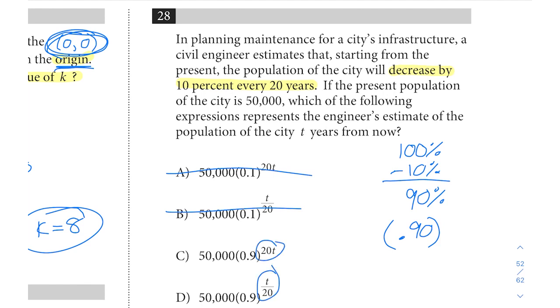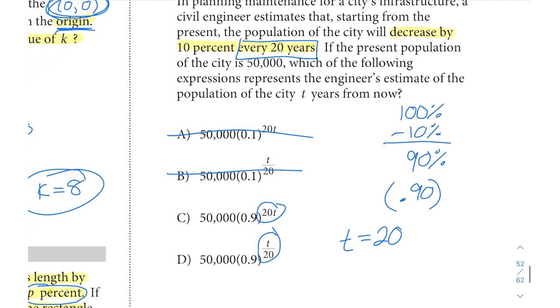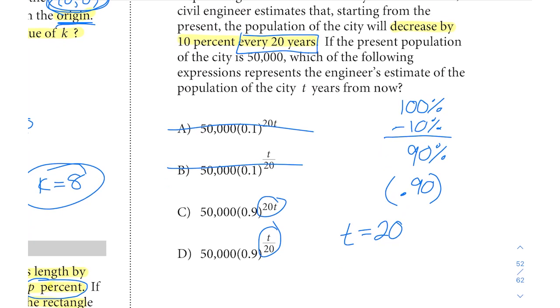And here we have to then look at, are we taking that 20 and multiplying it times t, or dividing t by 20? Well, this percent decrease happens every 20 years, which means that if t equals 20, we should have this percent change take place just one time. It happens once every 20 years.